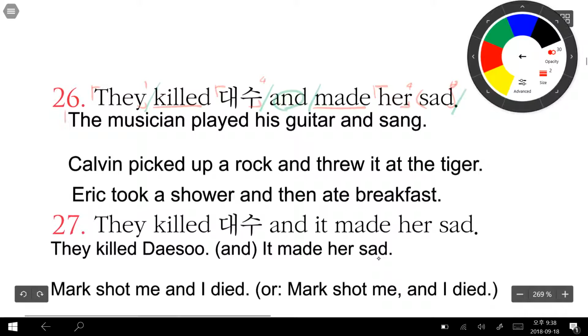The musician played his guitar and sang. Calvin picked up a rock and threw it at the tiger.